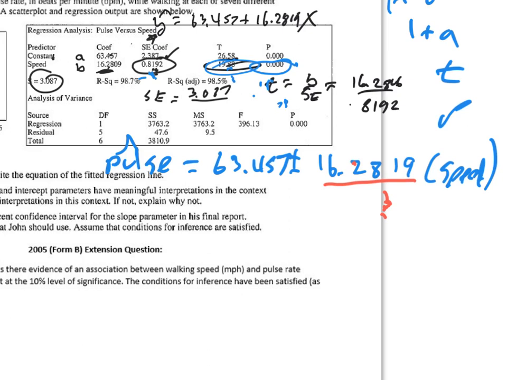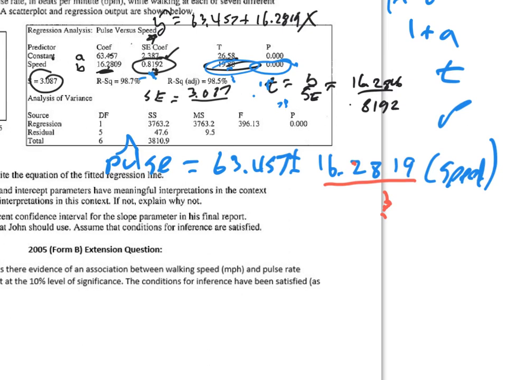That if you walk a mile per hour faster, your beats per minute of your pulse could go up 16? You're medical people. If you exercise, does it make sense? It's not like he said, if I walk a mile per hour faster, my pulse goes down. That wouldn't make any sense, would it?